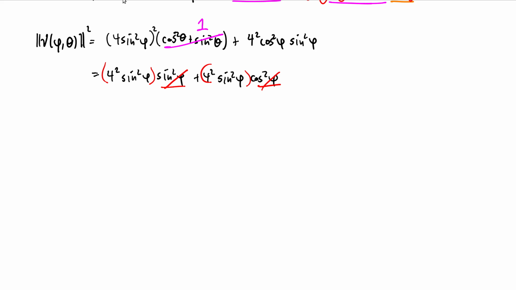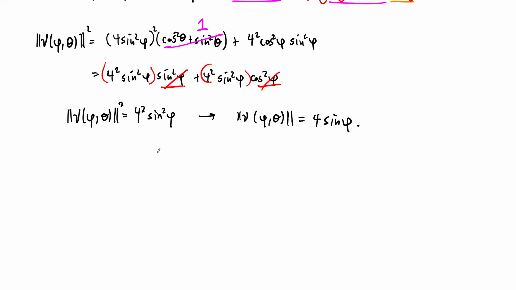And what we end up with is that the length of nu, which plays a huge role in our integral, is, well, sorry, this is still squared, right? So the length of nu squared is, let's write it that way, so we can easily get rid of the squares, 4 squared sine squared phi, and so this tells us that the length of nu is just going to be 4 sine of phi.